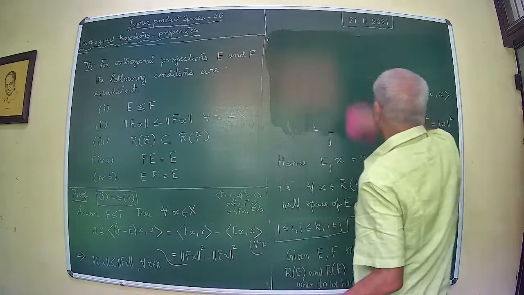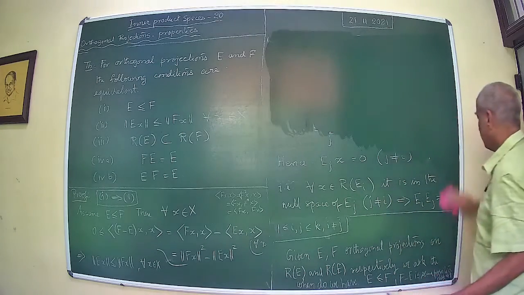The next step is to assume 2 and then prove 3.